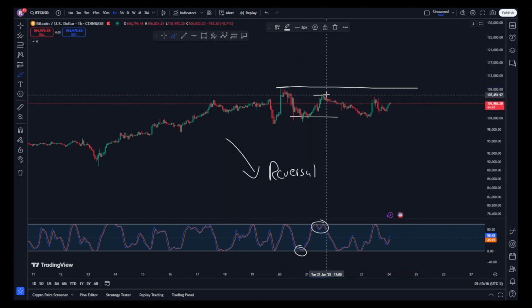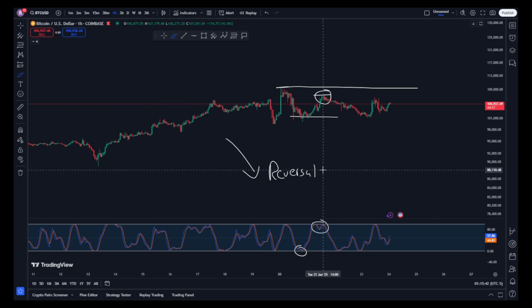And if you had, you'd have noticed that it came close to 109, but you can see that this acted a little bit as support, 106K over here. And this was your opportunity right here. And it got supported by the fact that the momentum had topped out. So you had an opportunity to short here, but you didn't have an opportunity to short over here while the market was pumping.